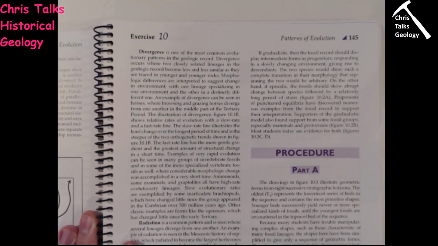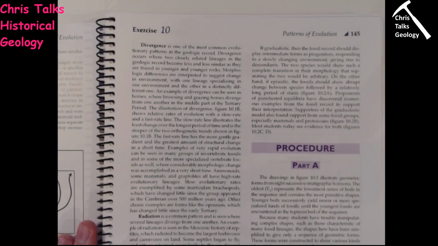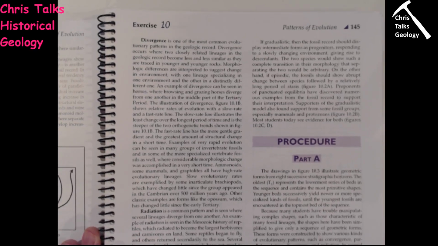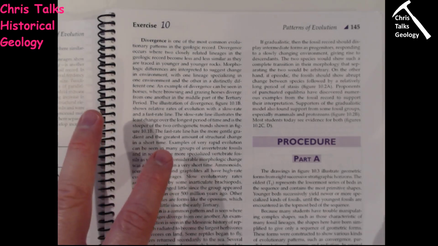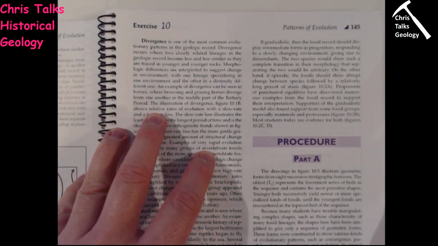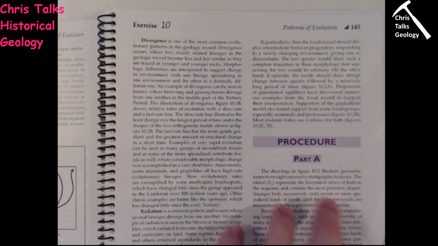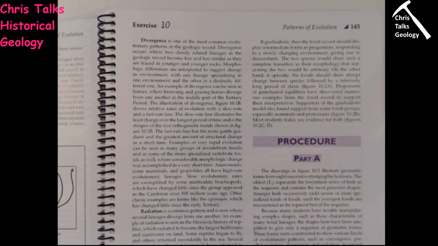This is an explanation of the basic patterns and processes that we see in evolution, and I would strongly advise you to read this information. It will really help when we come on to answering the questions, plus it's good information, and it will help when the time comes to answer exam questions as well.